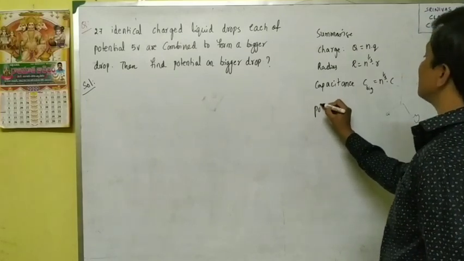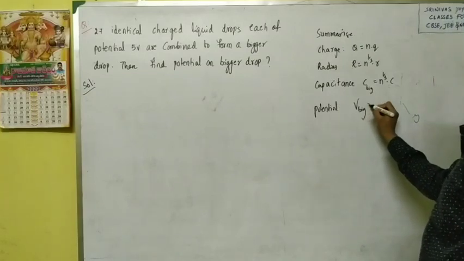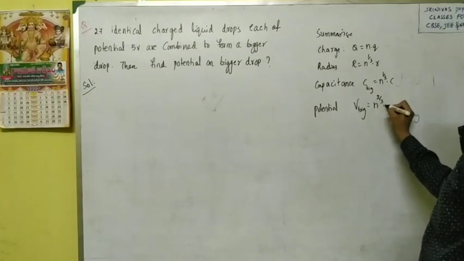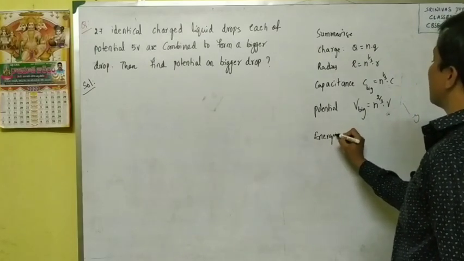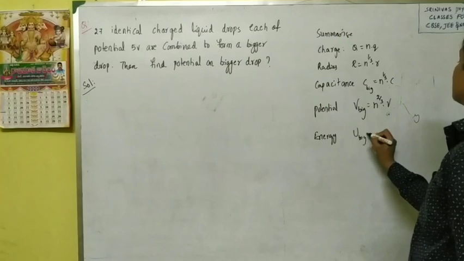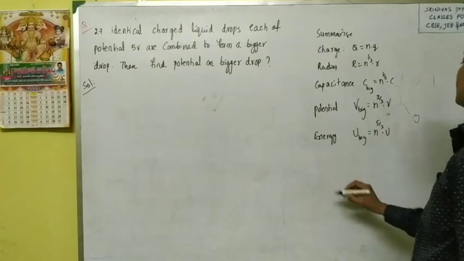And the potential, right? Potential on the bigger drop is n power 2 by 3 times the potential on the smaller drop. And the next, energy stored, we derived. Energy stored on the bigger drop is n power 5 by 3 times the energy stored on the smaller drop.